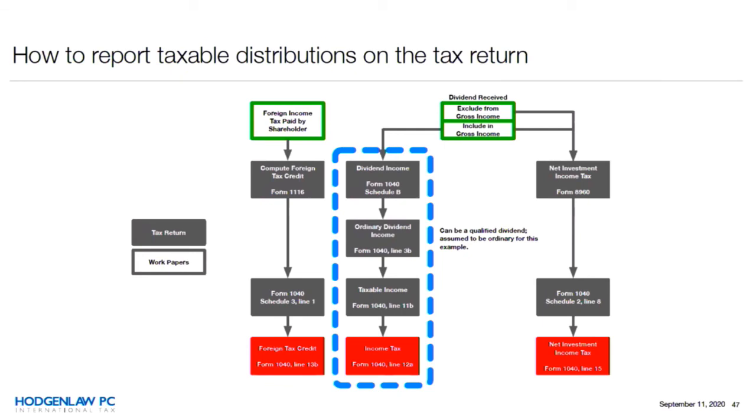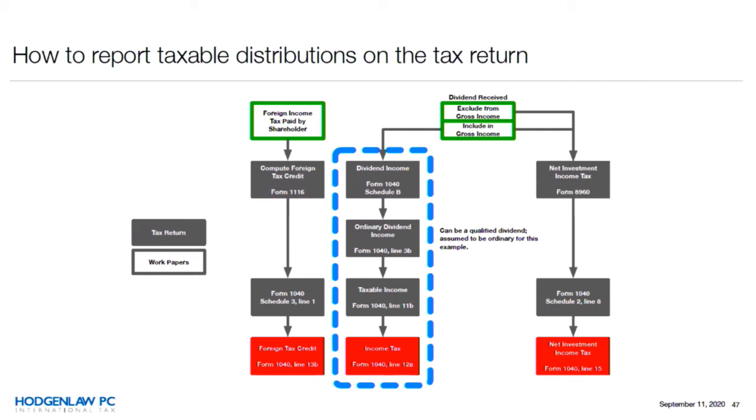So as you work through this methodology, what's going to happen to the dividend income? You can see we did that top level box that sort of looks like a little window. How much is the excludable part? Zero. How much is the includable part? All of it, 480,000. And so the 480,000 is going to go to Schedule B, like every other dividend. It's going to go onto the front page of Form 1040 as ordinary dividend income, and it's going to go into taxable income.